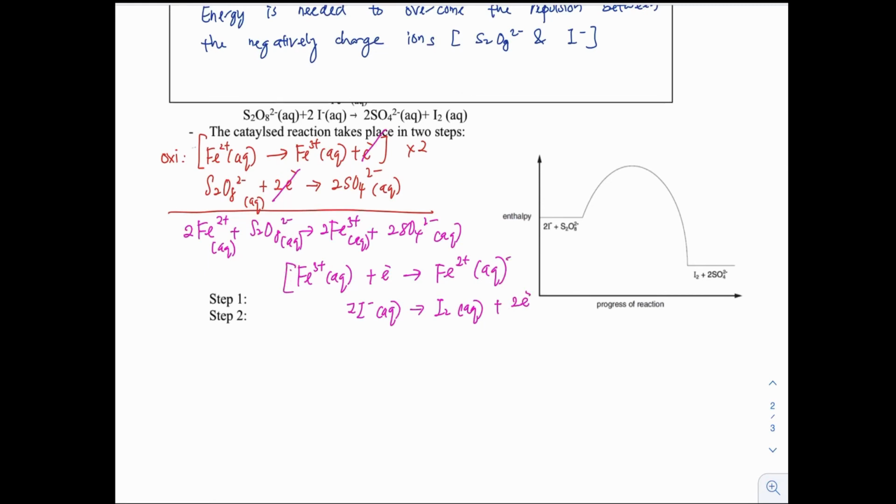So in this manner, we will have to place times 2 over here to balance the equation. And therefore, we have 2Fe3+ aqueous plus 2I- aqueous forming 2Fe2+ aqueous plus iodine.